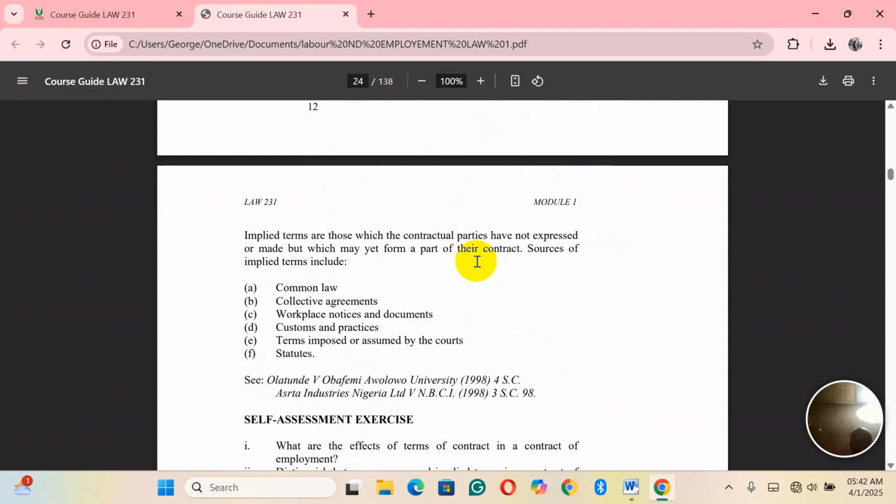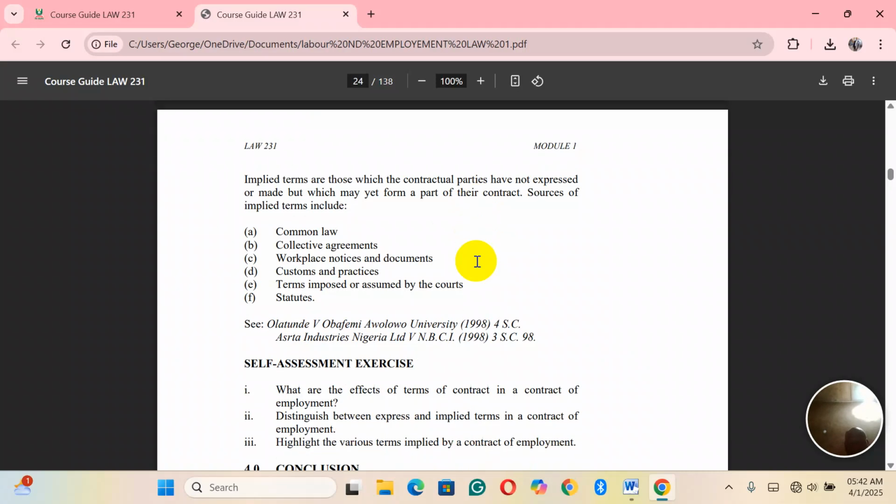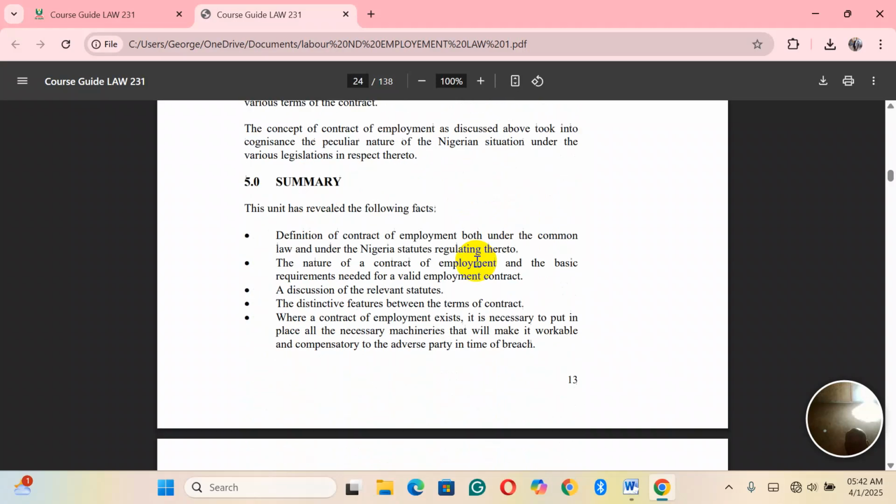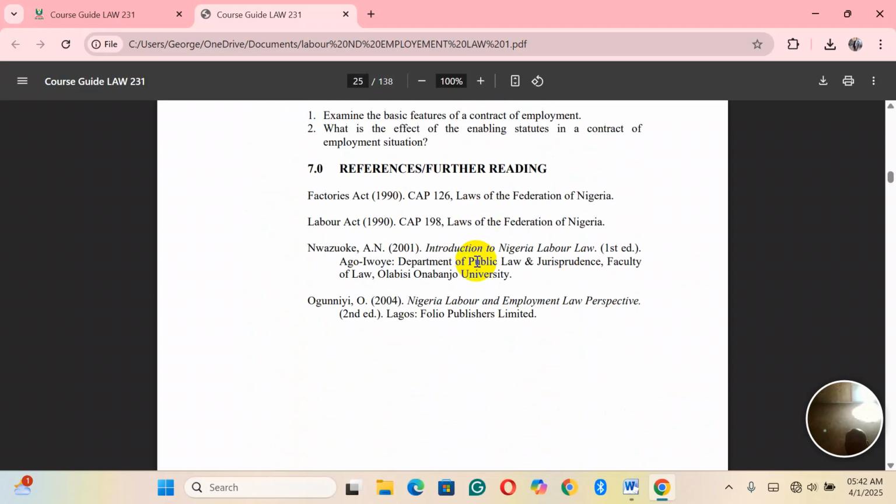Such sources of implied terms include: A, common law; B, collective agreement, where there must be a collective agreement between the employee and the employer; C, workplace notice and documents; D, customs and practice; and E, the terms imposed or assumed by the court. Then the statutes. Now, all these need to be considered before some contracts are made.